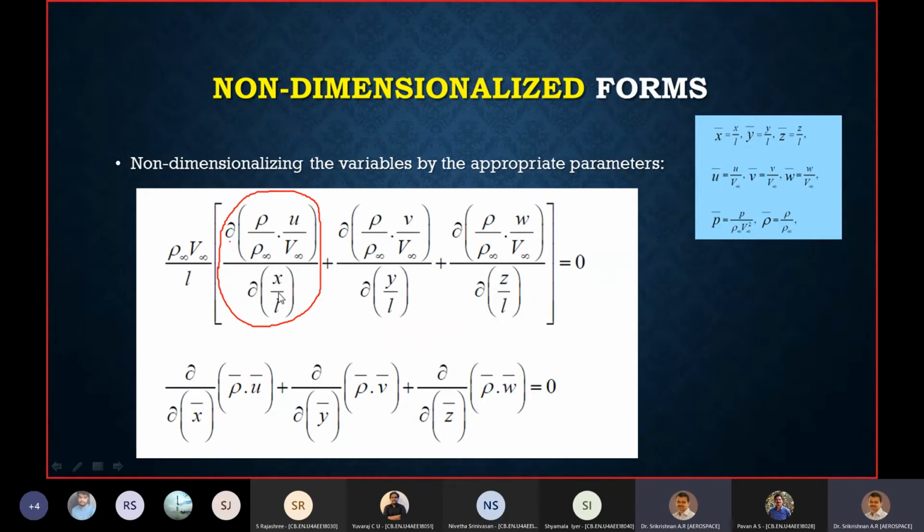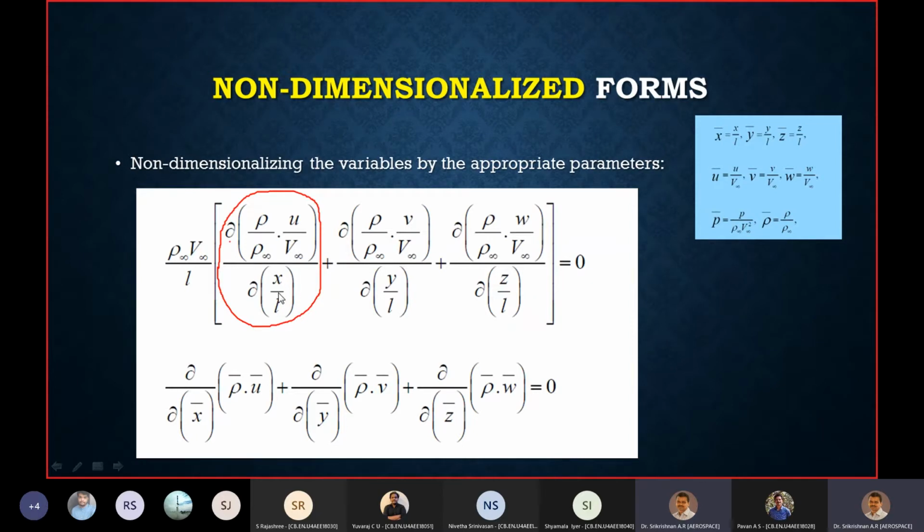So this is nothing but replacing the original differential terms using the non-dimensionalized form for the respective variables rho, u, and x. Now this will have some terms which will be common to all three, which we have taken outside and multiplied by rho infinity v infinity by L. If you look at the numerators, each of them is divided by rho infinity v infinity, right?